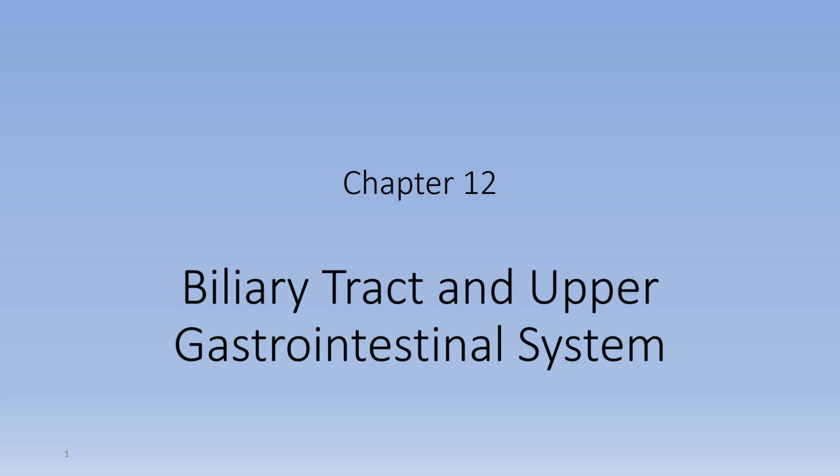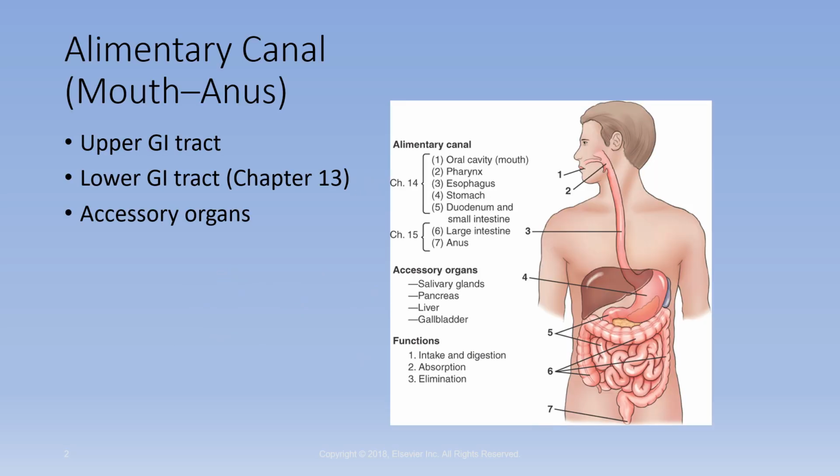So the first portion is going to skip over pages 458, 459, 460, and 461. Those 4 pages reference the gallbladder and biliary system, and that will be a separate lecture to come later this week. So we're actually going to begin with figure 12.11 on page 462 in your book.